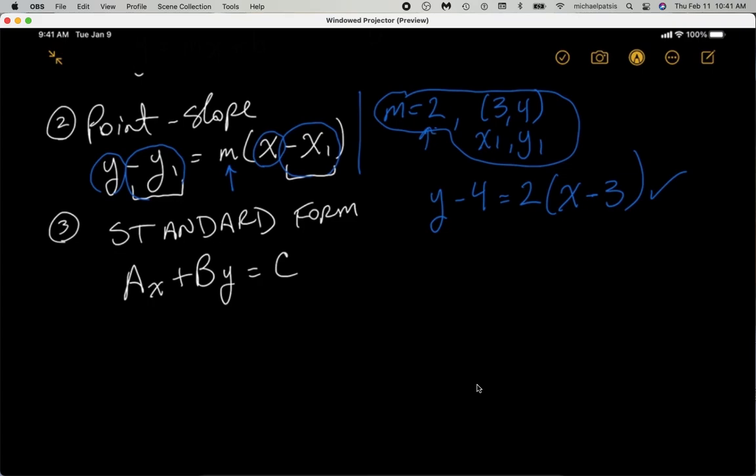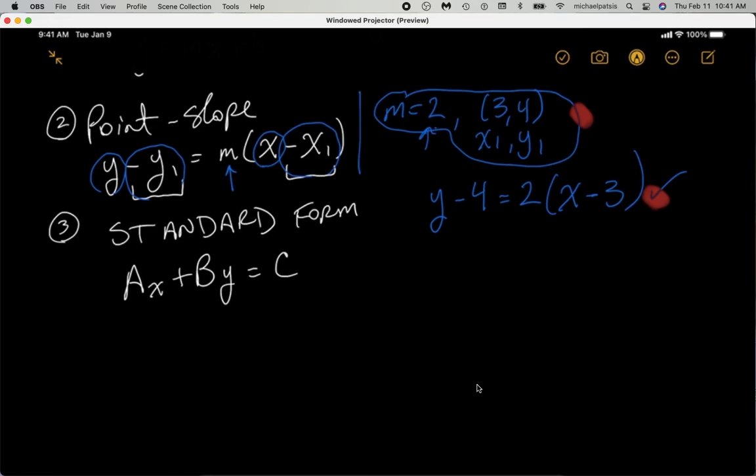Now here's the problem with the point-slope formula. It's not very helpful. It's hard to graph this. It's hard to find x and y intercepts. So if you're faced with the prospect of having to graph this, if they ask you on your homework or a quiz, there's a line with a slope of 2 that contains the point 3, 4, write it in point-slope form, and then graph it.